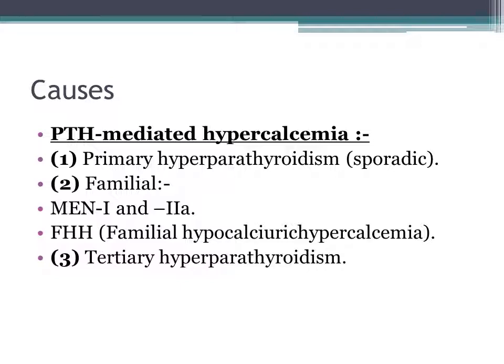From the causes also, PTH mediated hypercalcemia like primary hyperparathyroidism, sporadic or familial like MEN type 1 and MEN type 2A, or familial hypocalciuric hypercalcemia, or tertiary hyperparathyroidism. All cause hypercalcemia except secondary.